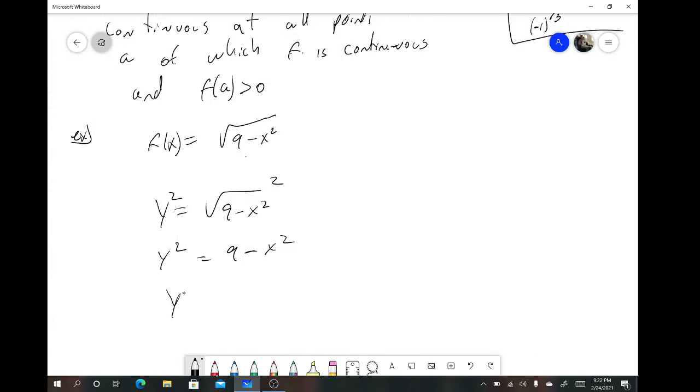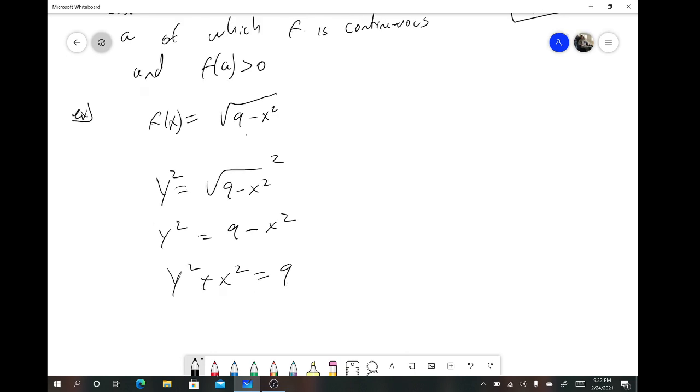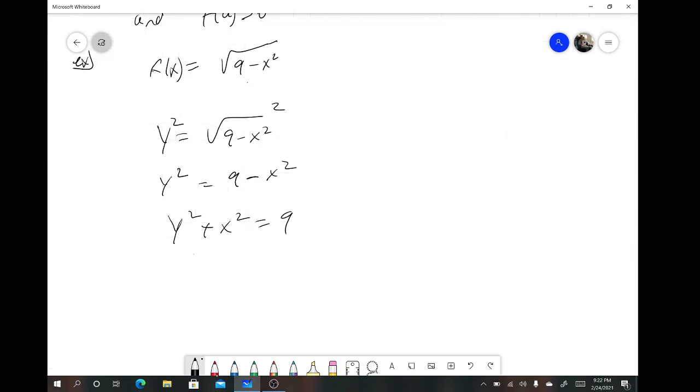And then if you add x squared on both sides, you get y squared plus x squared equals 9. But you know from pre-calculus that this is the graph of a circle of radius 3.